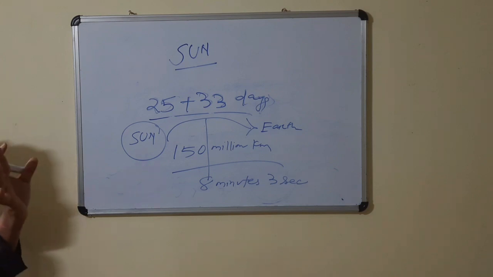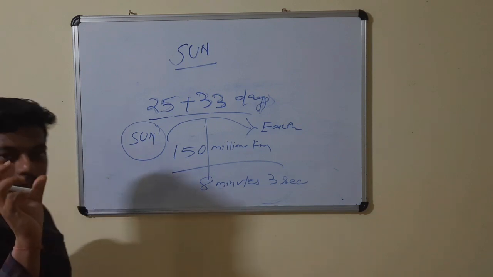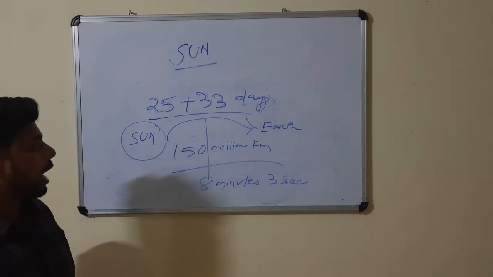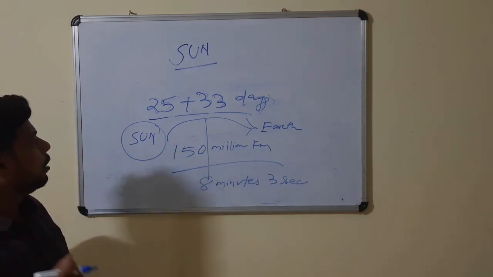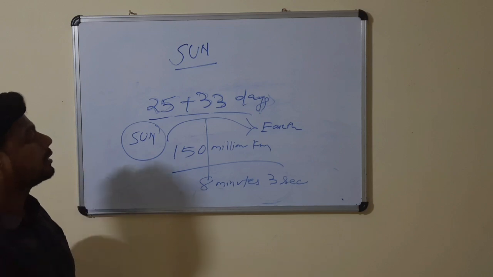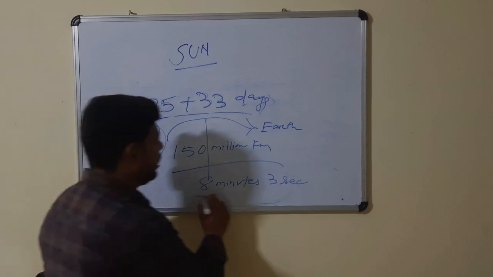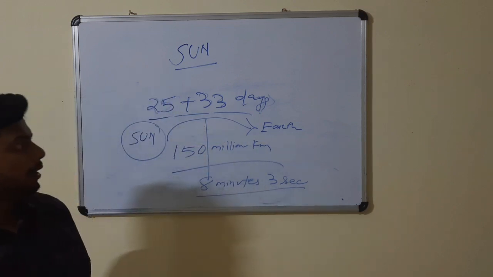So if there is a question, what is the duration of time for light to reach the earth's surface? It is 8 minutes 3 seconds.